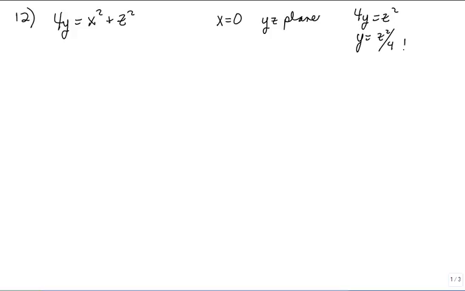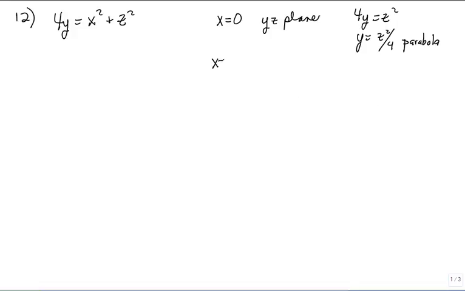Let's look at 12. If x is 0, we're in the yz plane. So we get 4y equals z squared. Y equals z squared over 4, which is a parabola.